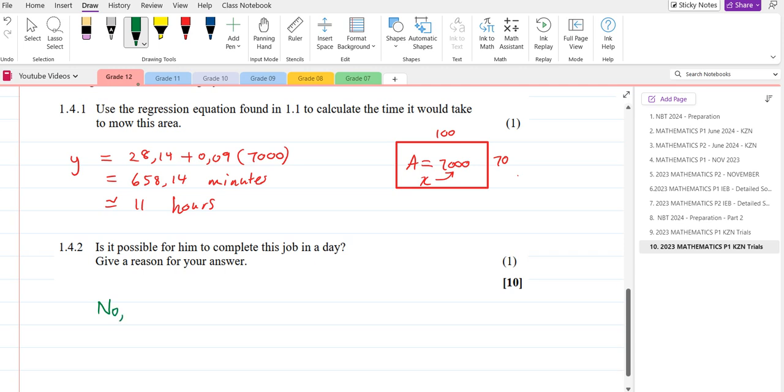No, not possible, because the job will take him 11 hours to complete.